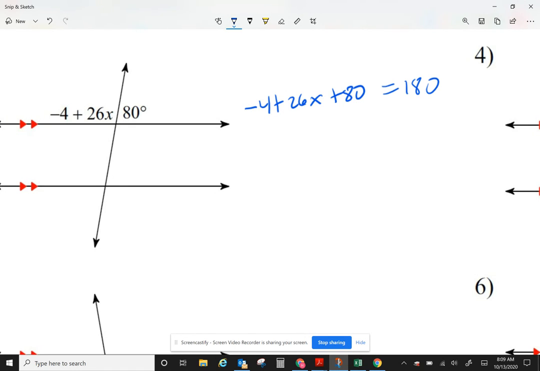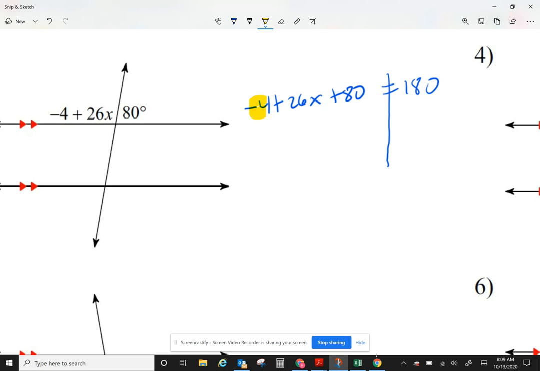We call this a linear pair because it's a pair of angles on a line. They're on the same side of a line. Okay, so let me separate my sides at the equal sign. The left side I can simplify a little. I see a minus 4 and a plus 80.